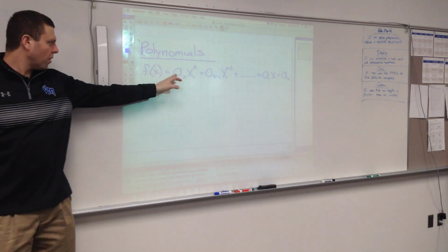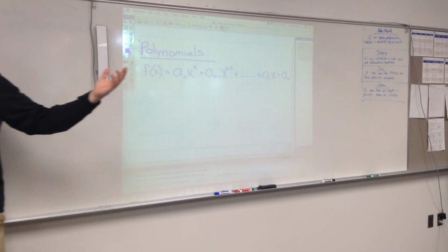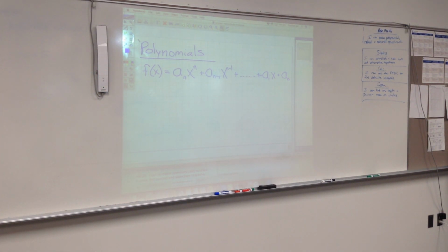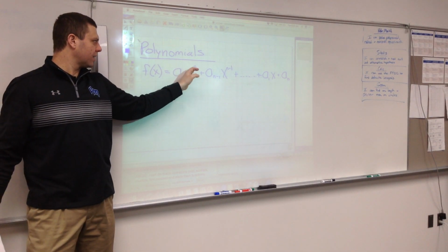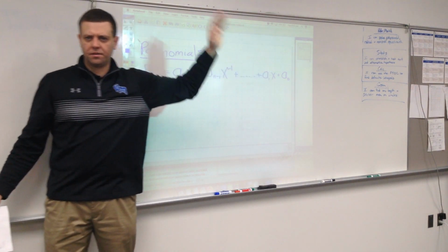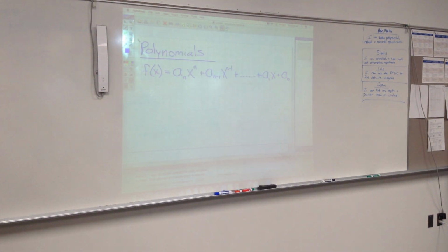Okay, where a is some coefficient, some number. And then we usually start with the highest power of x and we kind of work our way down, right? That's usually the standard form that we write for polynomials.